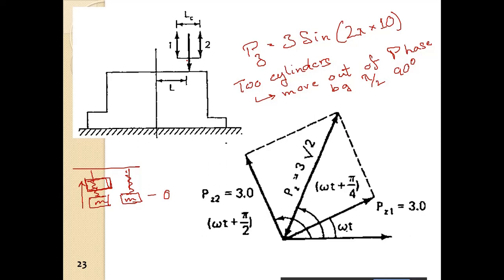So the total force we consider to be Pz, which will be equal to, first of all, the movement of the first mass, that is Pz1 sine of omega t.